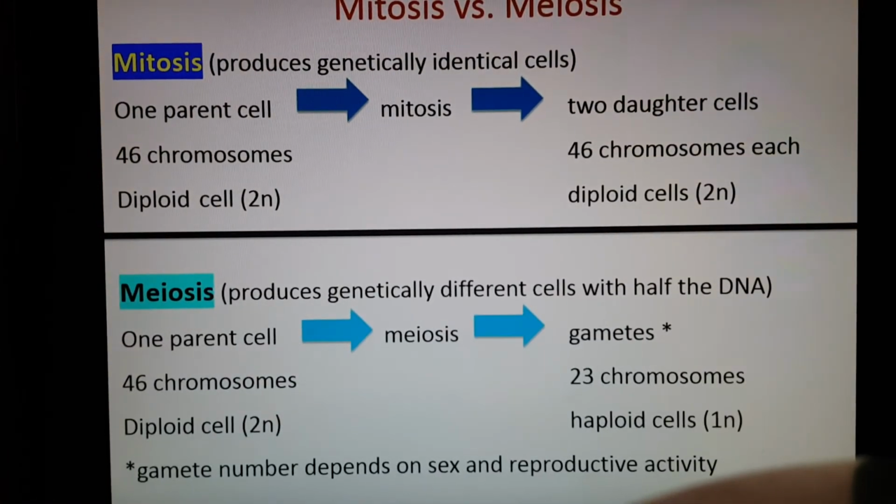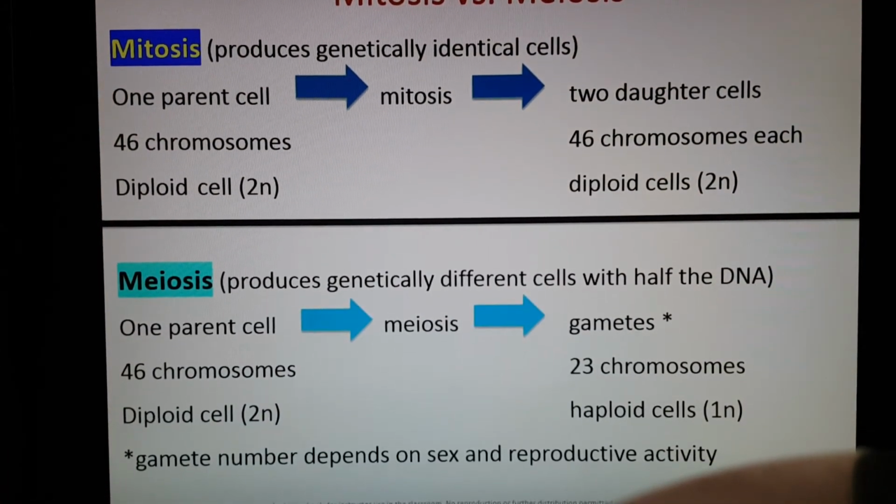So there's the process of fertilization, your reproductive activity, where that will finalize your meiosis to finish up the final steps.